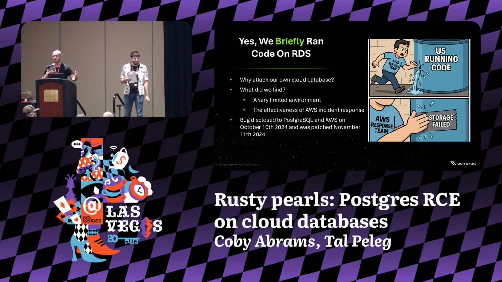I mean, our database had information that we were researchers, but just to be safe. So really, really effective. And in the time that we were running, we weren't able to really get any kind of impact, which is why the impact of running this vulnerability on AWS RDS was minimal.